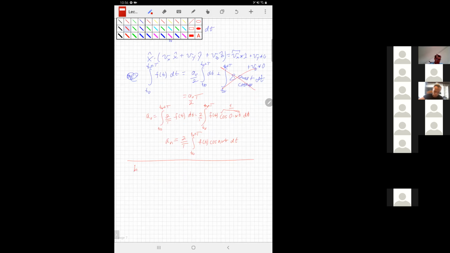And likewise for Bn, we could multiply f of t by sine, and go through all the same arguments, using all the same orthogonality relationships, and we would get f of t sine of n omega t dt.